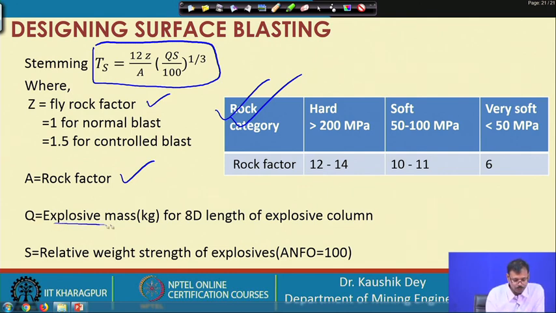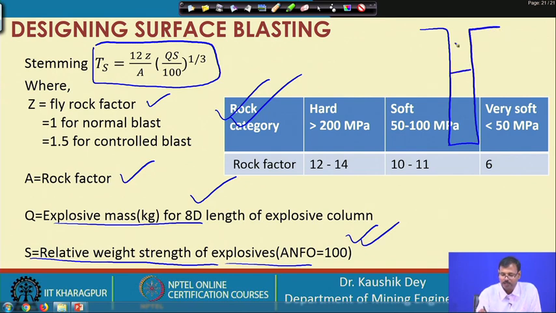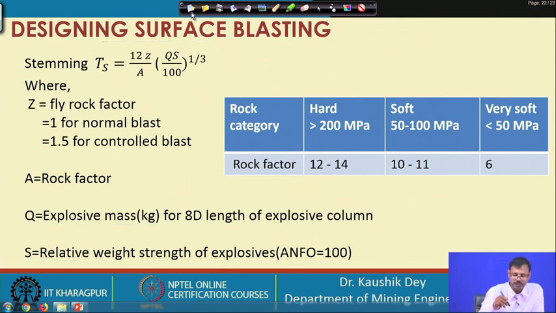This is the explosive mass for 8D length of explosive column, and this is the relative weight strength of the explosive, considering the strength of ammonium nitrate fuel oil as the base, that is 100. So, using this formula, the stemming length can be determined, and obviously the total other length of the hole is filled with the explosive. So, this is the prime consideration of this one.